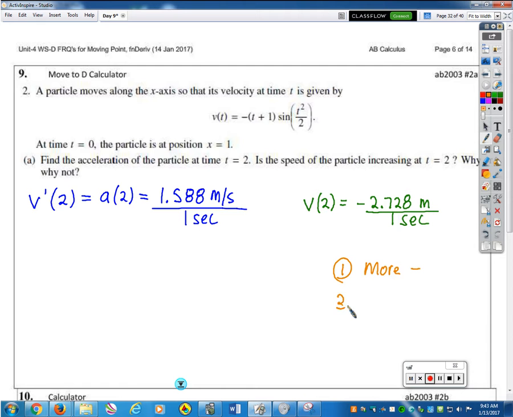Or option 2, is the velocity going to become less negative based on this acceleration value? Just give me 1 or 2. We're kind of all over the map, about half and half.